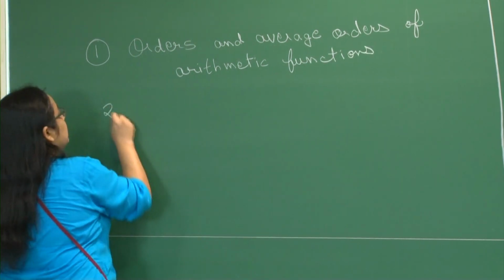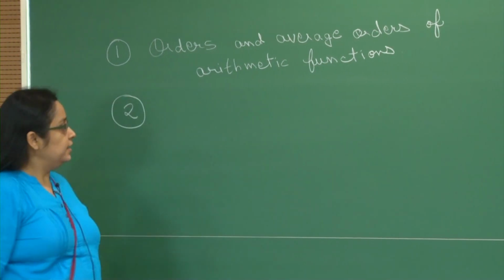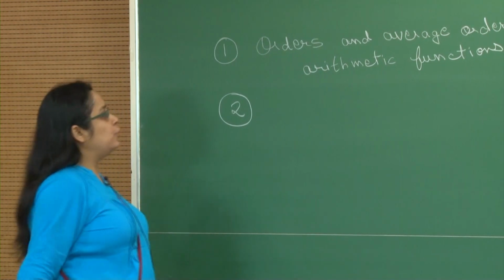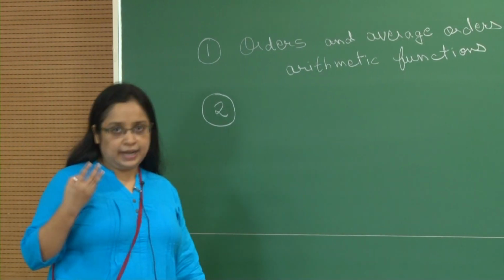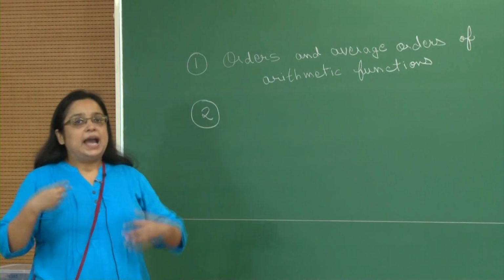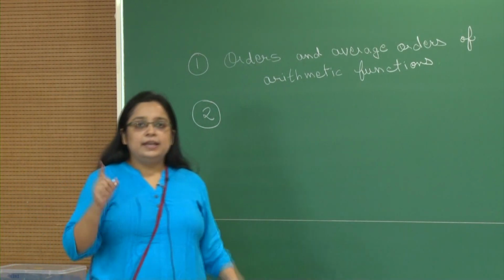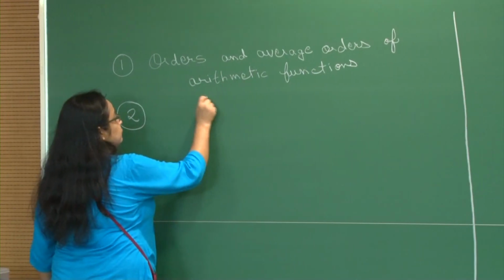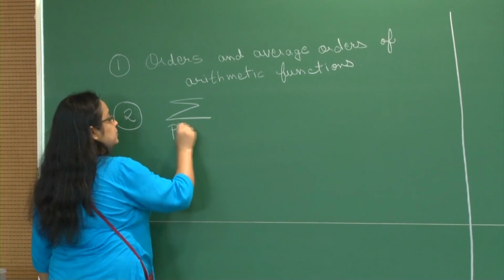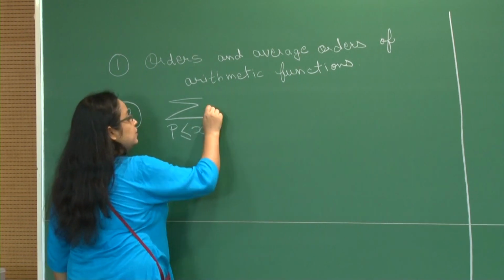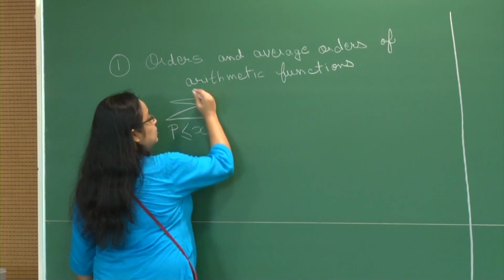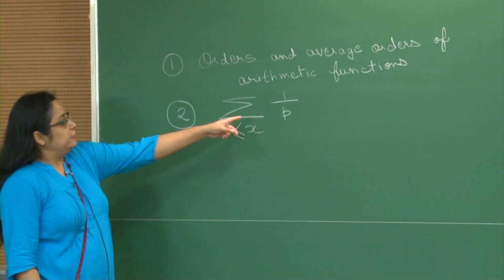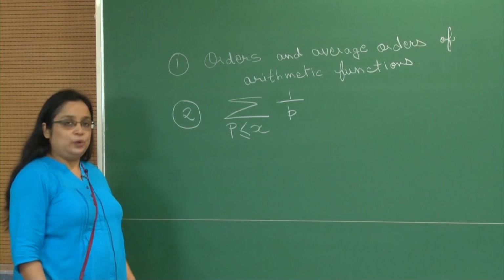Then we discuss in detail the idea which we are all familiar with, namely that there are infinitely many primes, and as we had discussed last time, this has an analytic interpretation. So, what we study is the following: the sum of the reciprocals of prime numbers up to x.